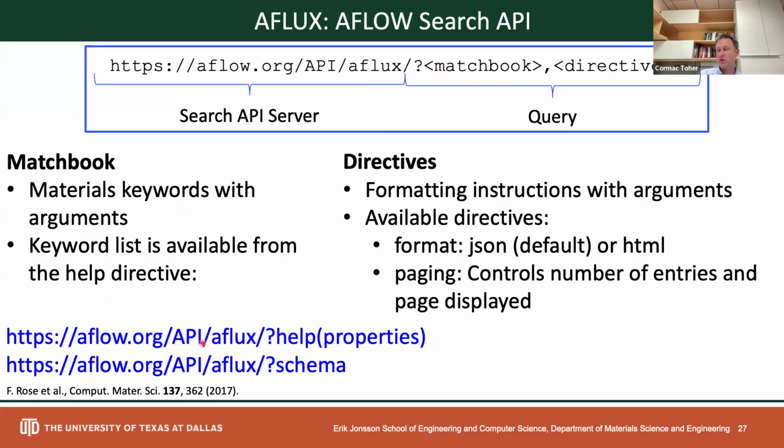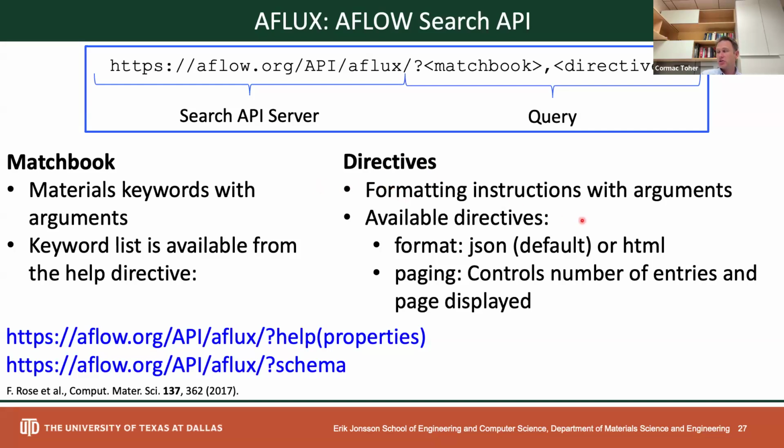If you query aflux.org/API/aflux question mark help, and then with properties, that will give you a full keyword list. Or you can also see the full schema. This will also give you information like what units the properties are in, a description of the property, some details about how it's calculated, and so on.